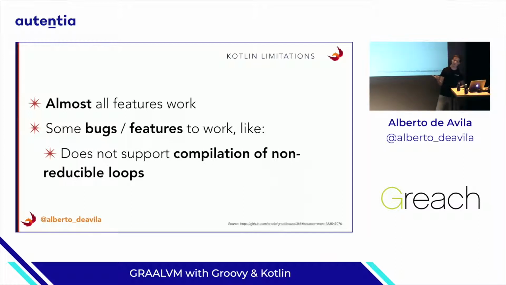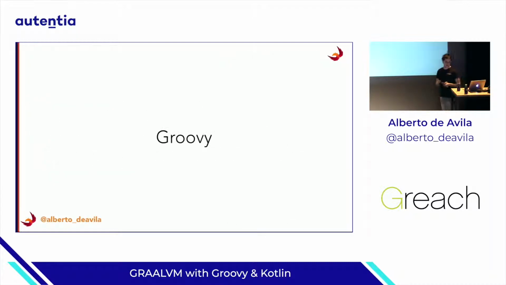For example, it does not support compilation of non-reducible loops, and a few other things that don't work for the moment. If you want to see which features don't work at the moment, you can look at the GitHub project of Graal and look for Kotlin bugs. This is the important thing, Groovy.